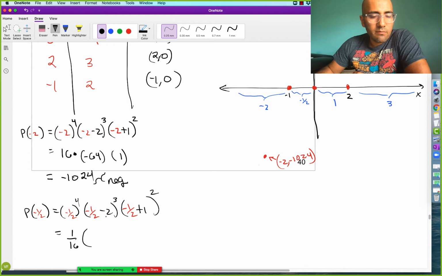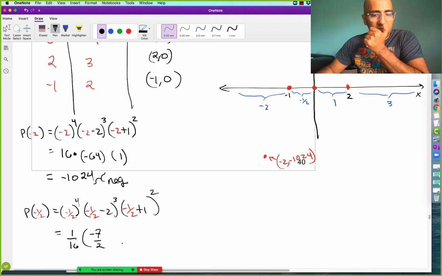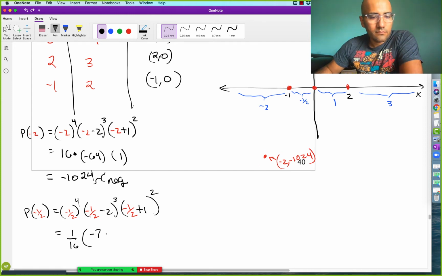This as a mixed number is... wait, no, 5/2. So -2.5 raised to the power of 3. And this is just going to be 1/2 squared, so that's just going to be 1/4.